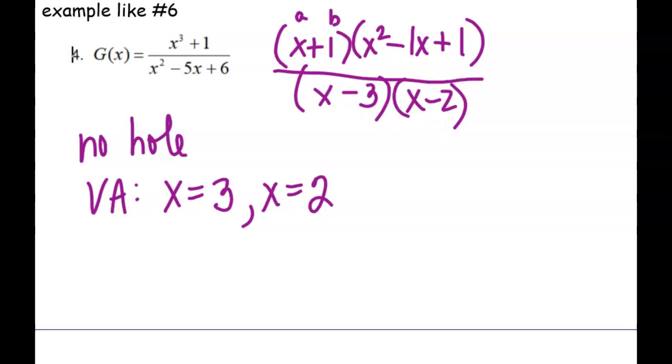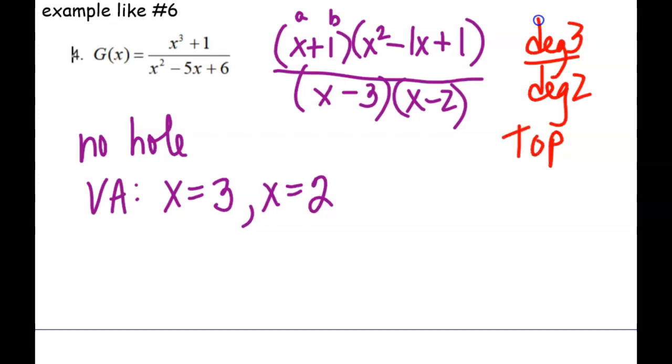All right, what about end behavior or horizontal asymptotes? This one is degree 3 over degree 2, so it is top heavy. What does it say to do for top heavy? Divide. Can we do synthetic division?